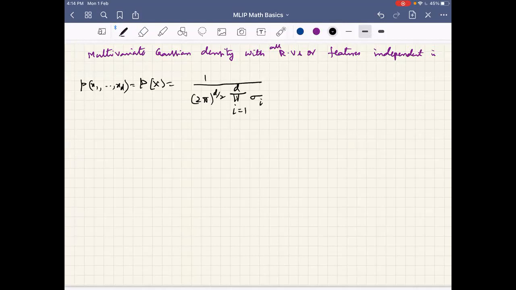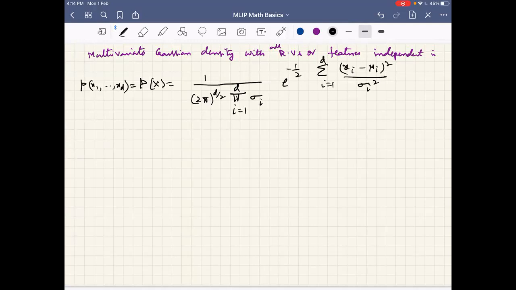Please note I have written it in a more simplified notation now. This looks reasonably fine, simpler compared to the bigger expression we had.